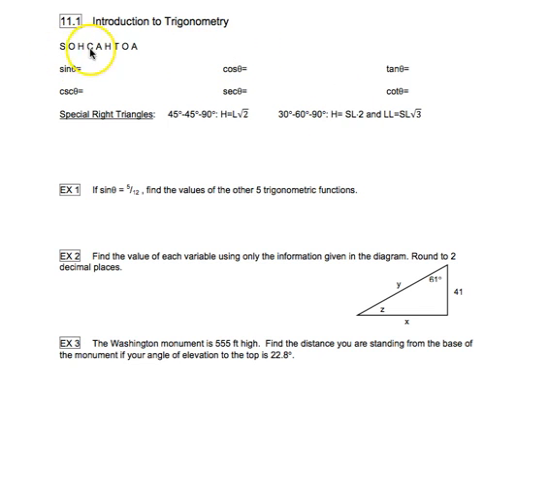So SOHCAHTOA, remember, is telling you that sine is opposite over hypotenuse.